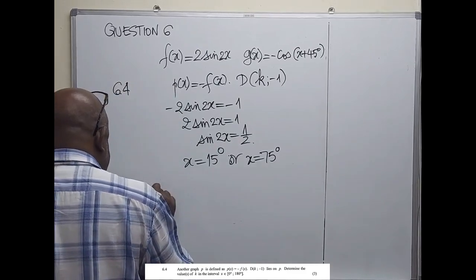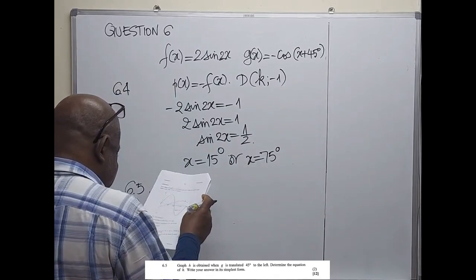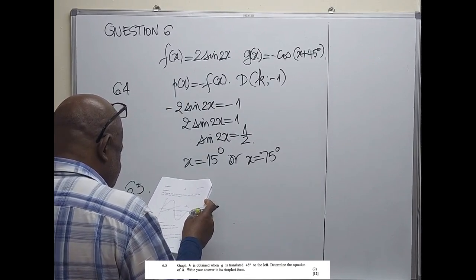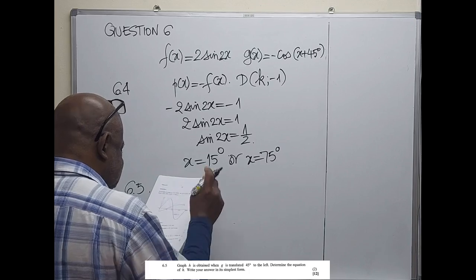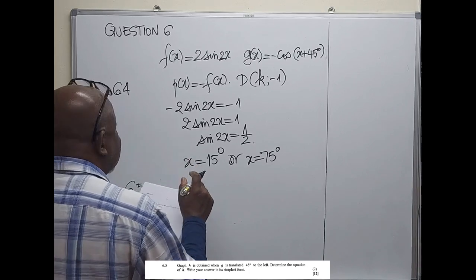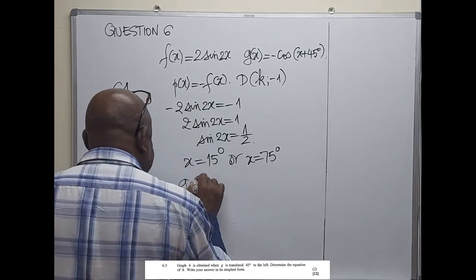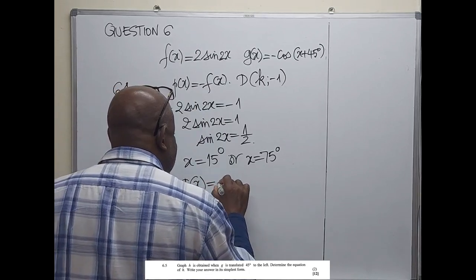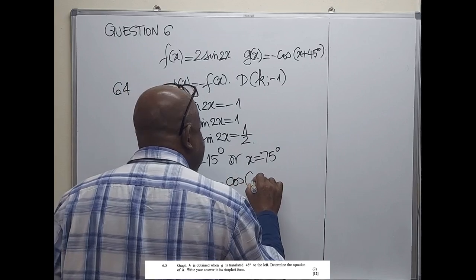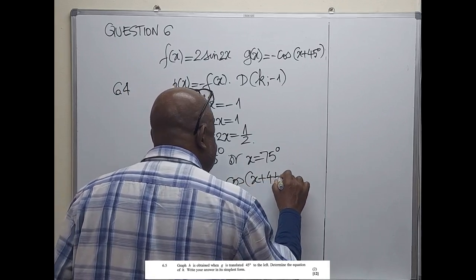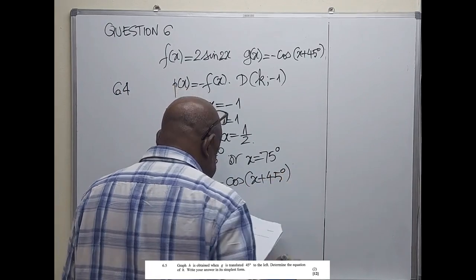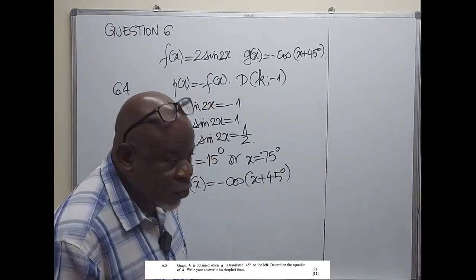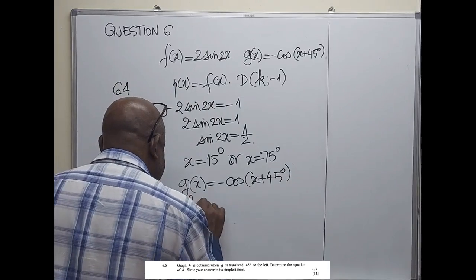6.5. Here they're talking about a new graph. H is obtained when G is translated 45 degrees to the left. So we're going to start with G of x is equal to negative cosine of x plus 45 degrees. So what will be our H?